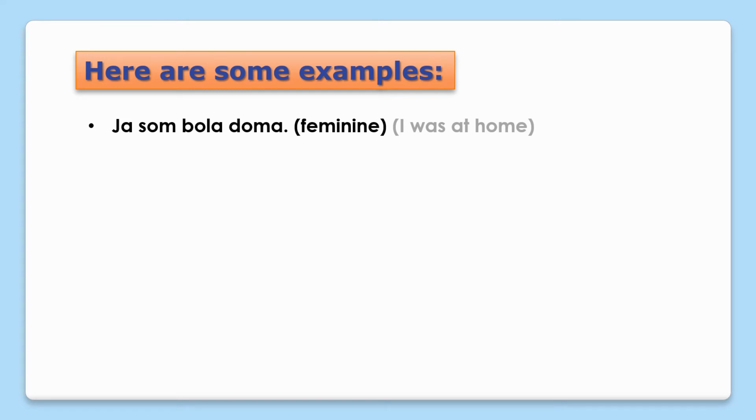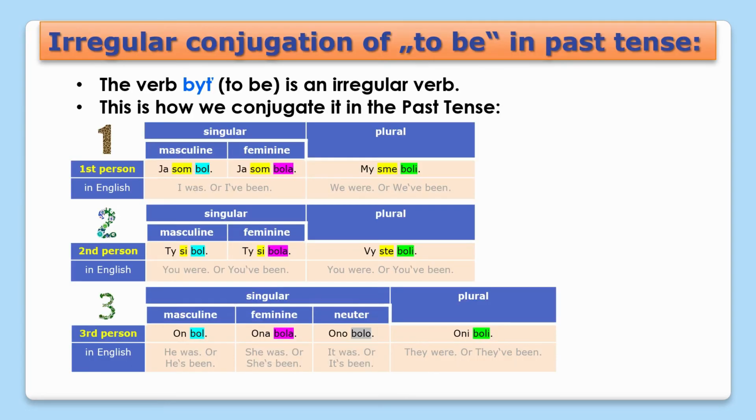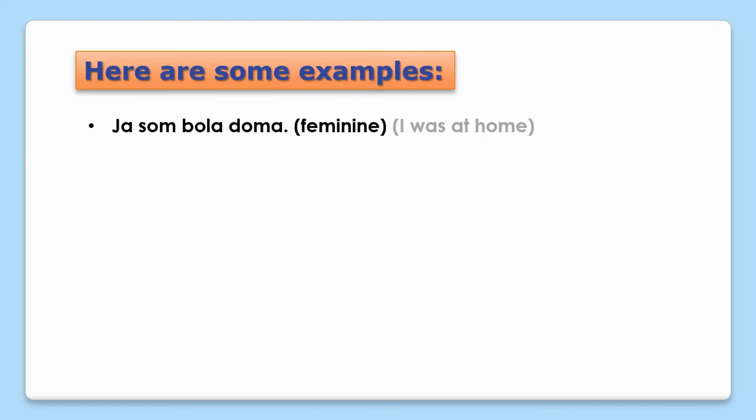So, for example, ja som bola doma. Yeah, I'm talking in feminine first person singular. Ja som bola doma. But I can also say more casually, bola som doma.